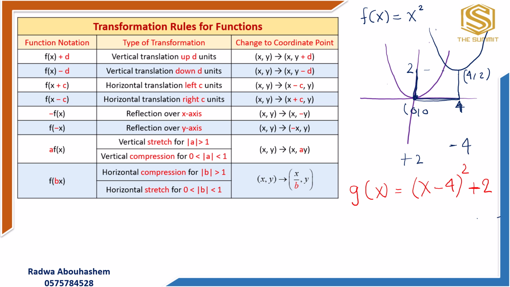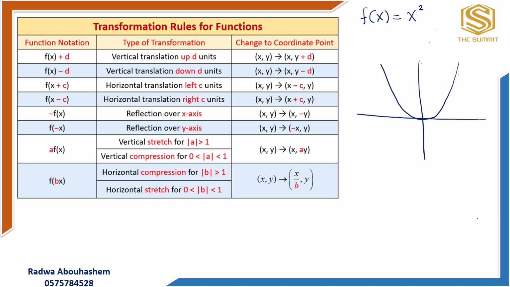Another type of transformation we have is the reflection. For the reflection, this means that you flipped your graph like this. So this means I have to put a negative sign on the whole function if you are flipping it through the x-axis.